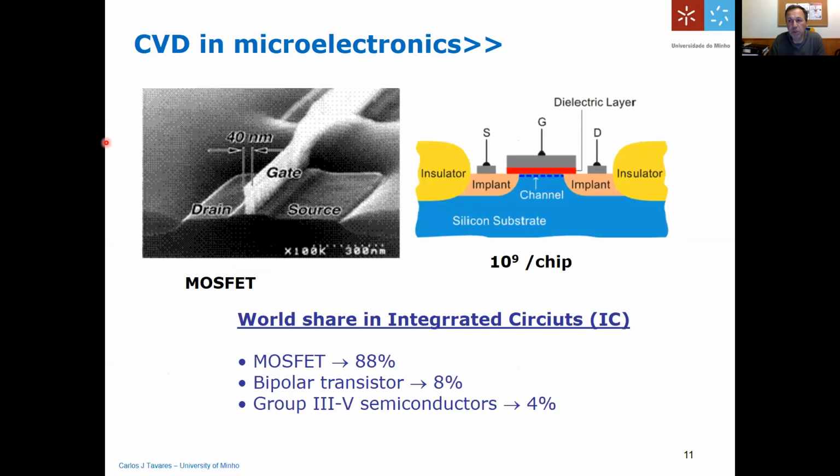So you will see the different types of CVD process, for example, for the production of microelectronics, such as MOSFET devices. Looking at the world share of integrated circuits, ICs, MOSFETs represent about 88%, bipolar transistors about 8%, and group 3-5 element semiconductors about 4%.